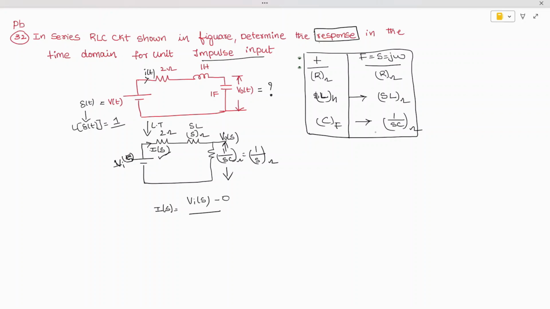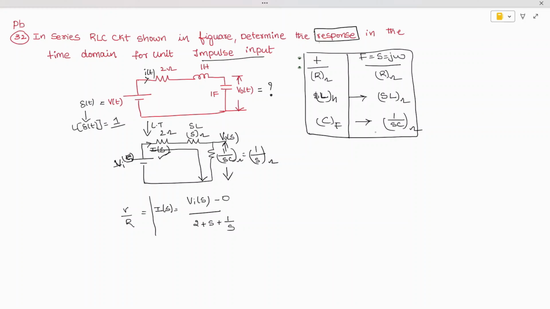You can see here the current travels like this. The formula is V by R, therefore I of S is equal to V I of S minus 0, divided by 2 plus S plus 1 by S. This will be the equation.